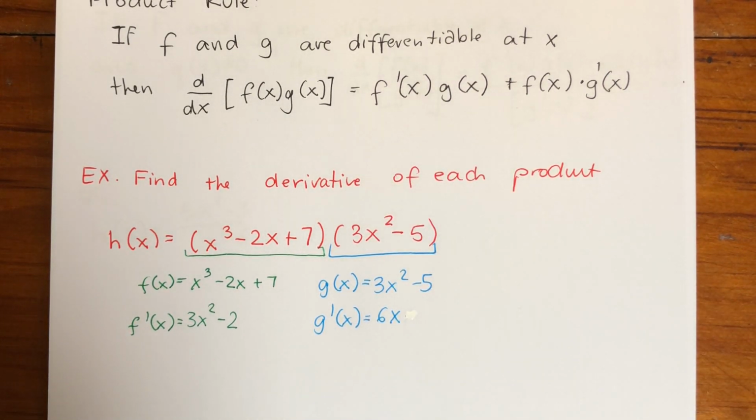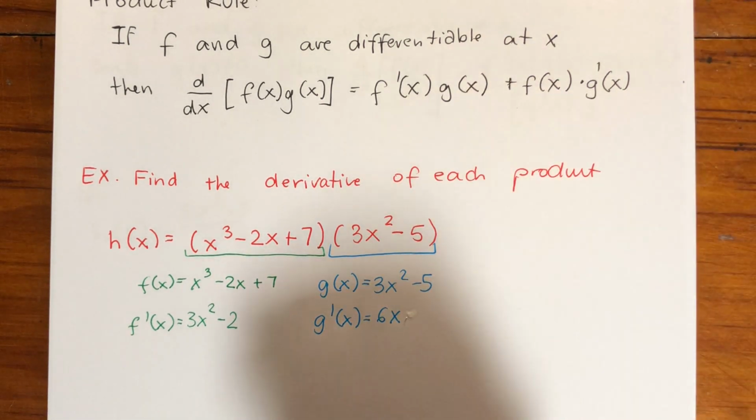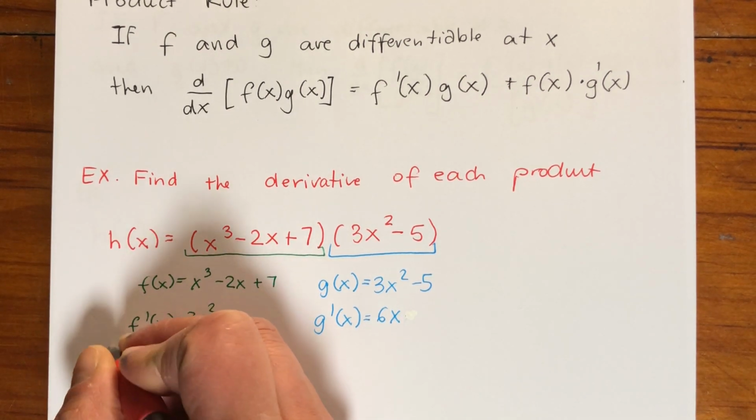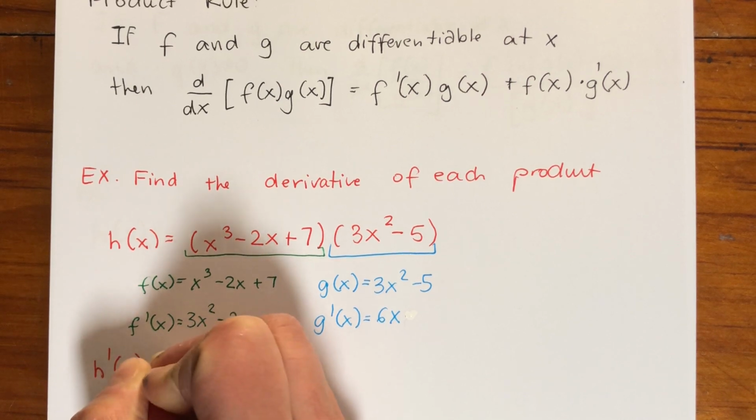So I have both my f of x function with its derivative, and I have my g of x function with its derivative. So what I am going to do is I am going to plug it into my formula, and my formula is saying, so now in general this is going to be h prime of x.